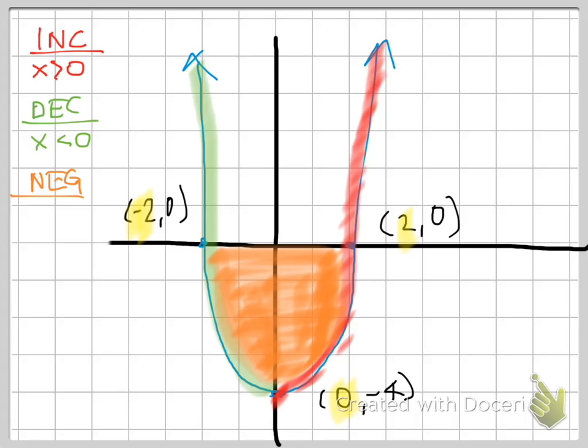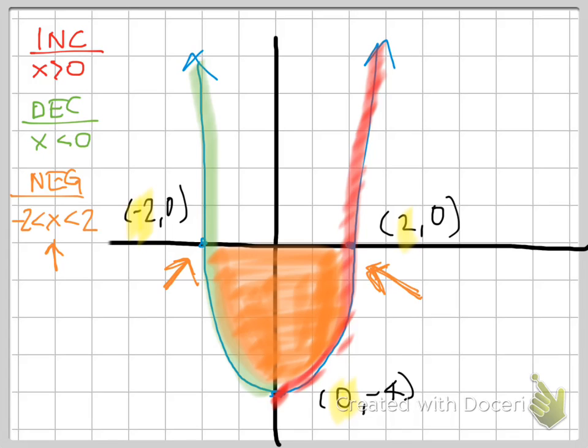Alright, so negative is from this point to that point. And it's your x-coordinate, so negative 2 to 2. What that's saying is x is in between this point and that point. Somewhere in between those 2 points is x when it's negative.